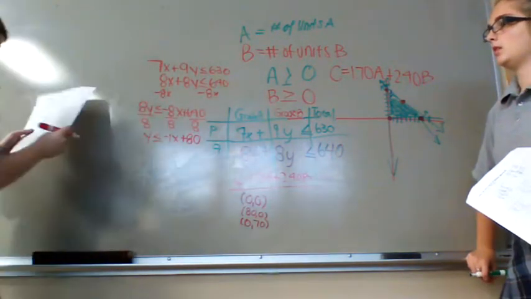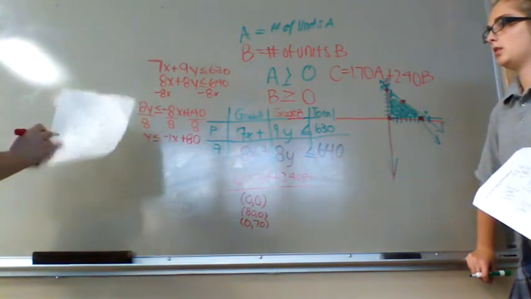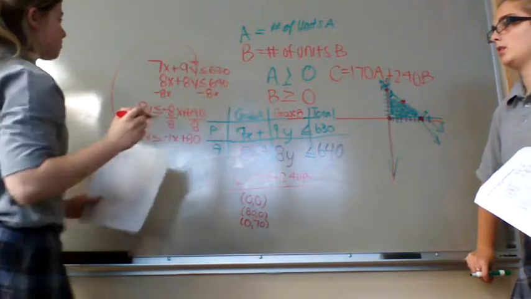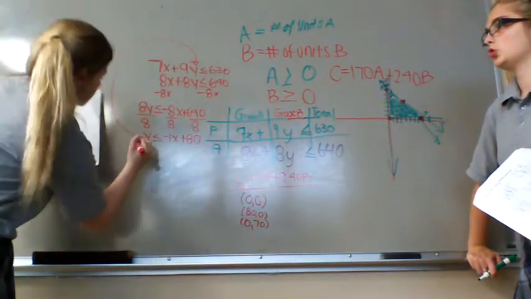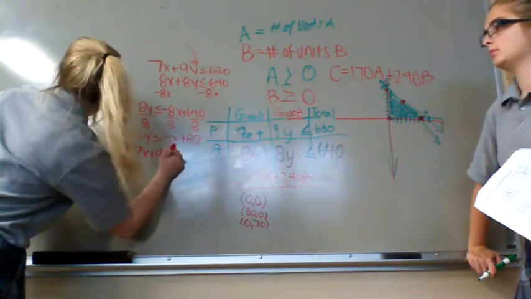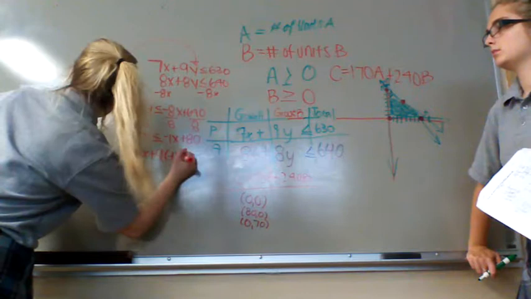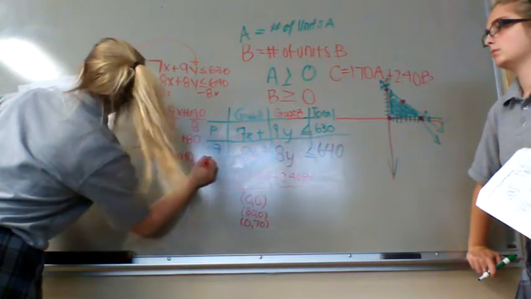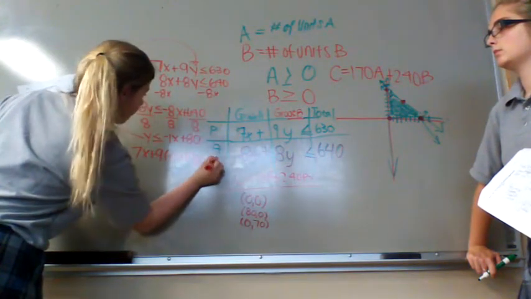And then we will put y into this y up here, and it'll be 7x plus 9 times negative 1x plus 80, which is less than or equal to 630.